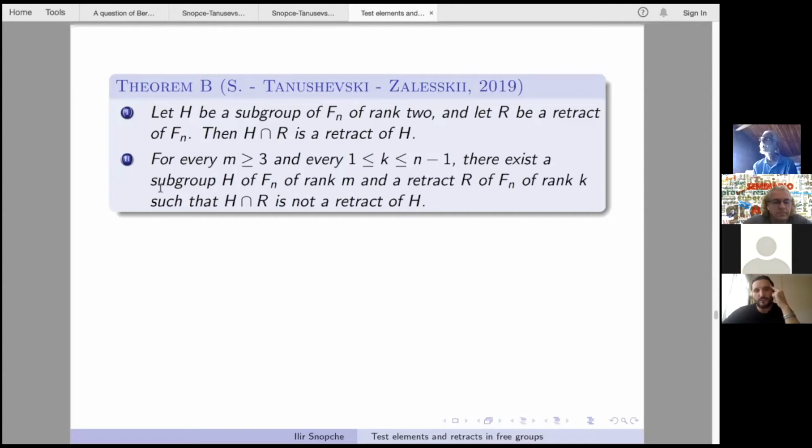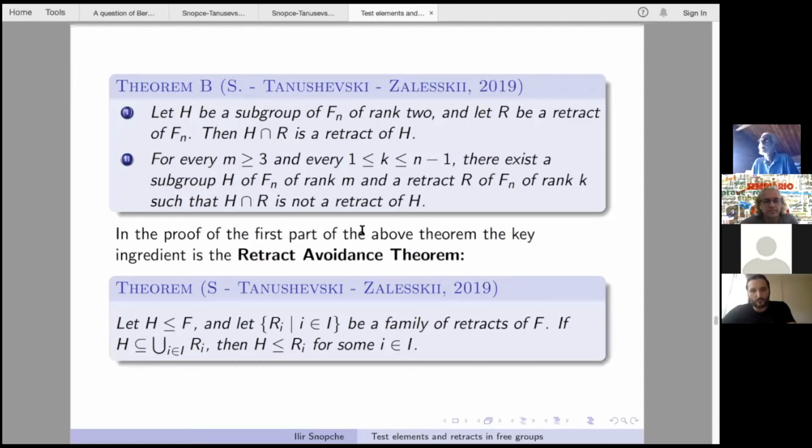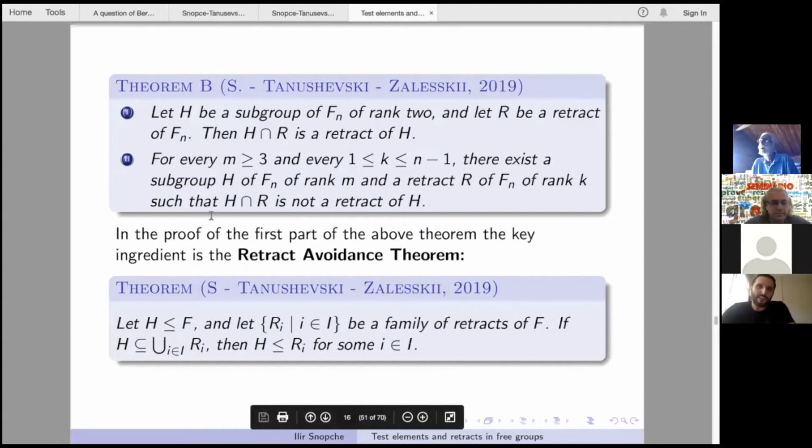But in order to find this counterexample, we were led when we were thinking about proving Bergman's theorem. So now, as I said, the first part depends on the theory of pro-p groups. And the key ingredient is the following result, which is actually my favorite result in all this subject. And you will see in a moment why.